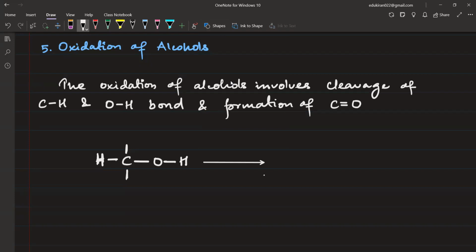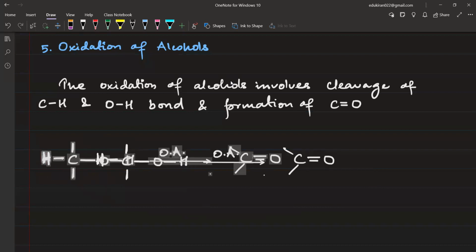Removal of hydrogen is oxidation, and we will use an oxidizing agent for this particular reaction. There will be some group attached here, there will be some group attached here. Now, we don't want to worry about that. Some groups are attached top and bottom. Those group will be as it is. The hydrogen from the carbon will be removed, and the hydrogen from OH will be also removed, and you will get C double bond O. This is as simple as that.